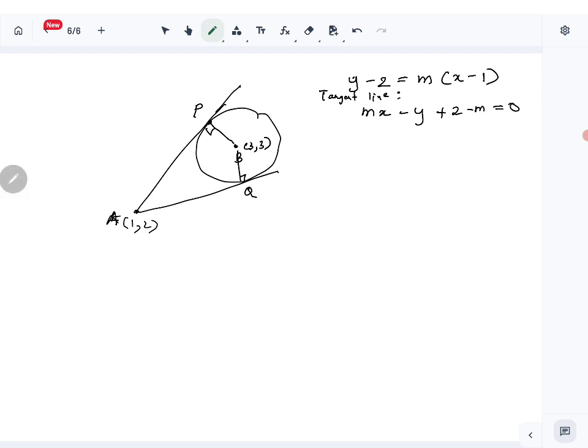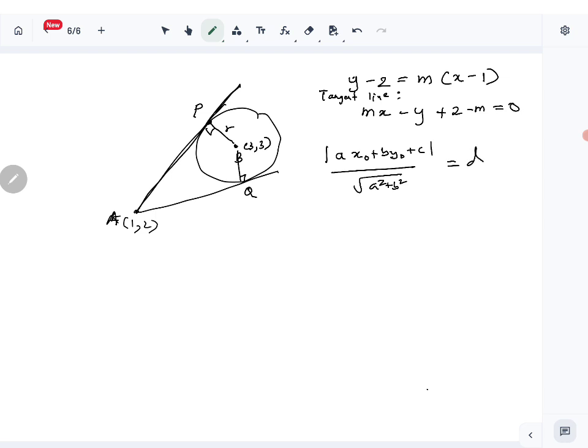So then we have to use the distance formula to figure out the m value. We know the distance to this tangent line from the point (3, 3) is going to be the radius value, and the radius is also known. So we'll now use the formula for the perpendicular distance from a point to a line: |ax₀ + by₀ + c| over the square root of a squared plus b squared.